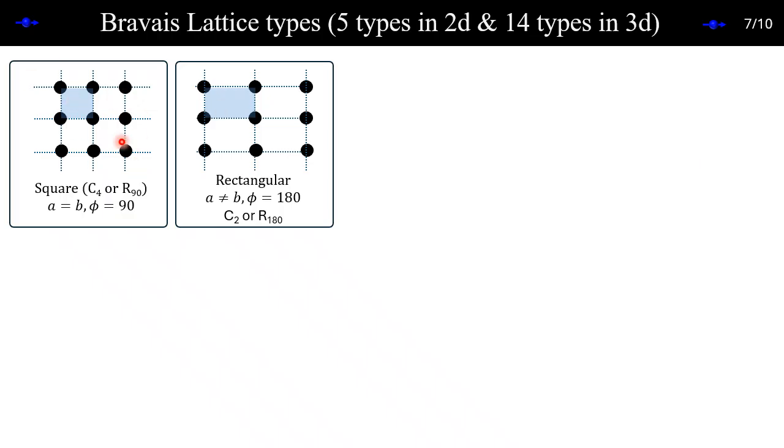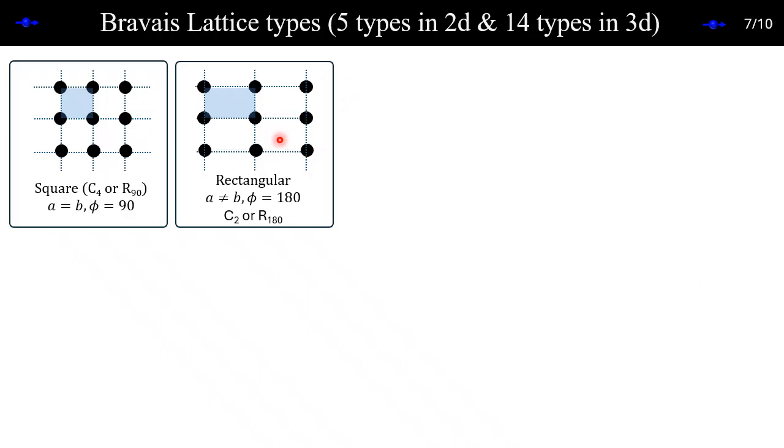If it is square, then this is called C4 or R90, fourfold or 90-degree rotational symmetry. What do you mean by that? If you rotate the system by 90 degrees, this is a plane with a square lattice, we'll eventually get the same thing.